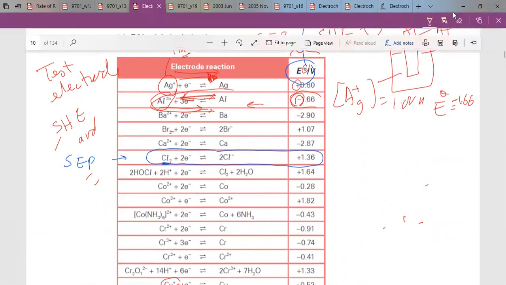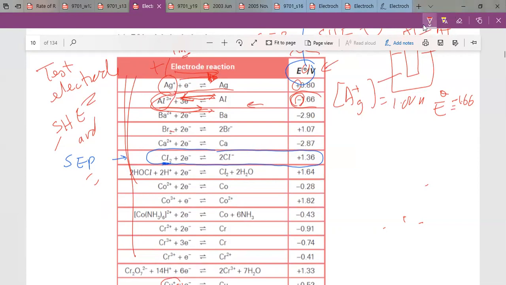All these values are written as positive, whether they occur or not, because they're written as reduction potentials. So it's called the reduction potential. The signs are written in reference, and the magnitude is in reference to hydrogen.